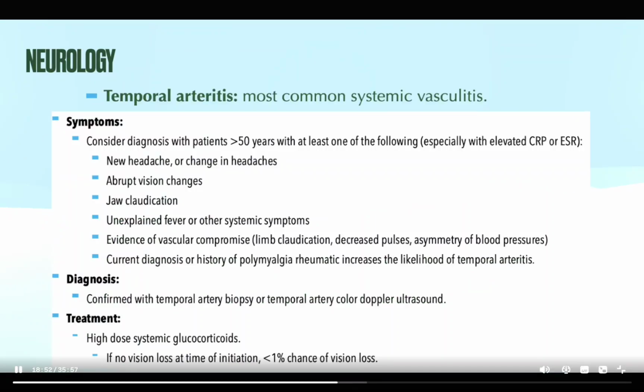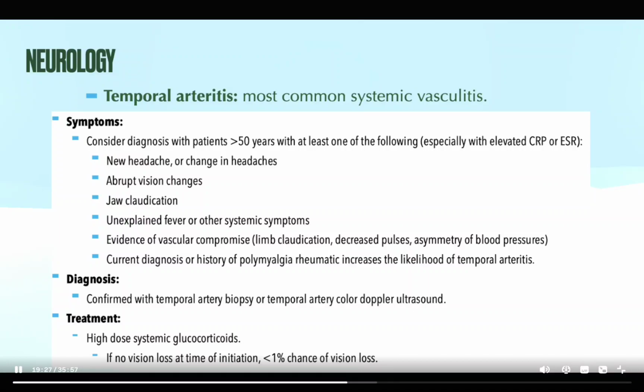Temporal arteritis is the most common systemic vasculitis. It should be suspected in patients that are older than 50 years of age with at least one of the symptoms listed, especially if it's in the presence of an elevated CRP or ESR, which we know to be inflammatory markers. So at least one of these symptoms: new headache or change in headache, abrupt vision changes, jaw claudication, unexplained fever or other systemic symptoms, and evidence of vascular compromise.